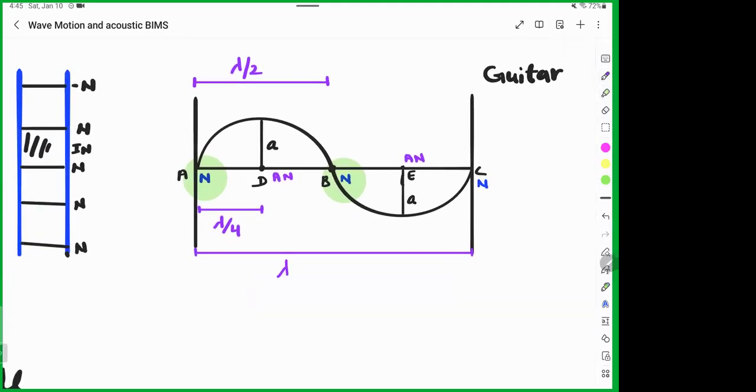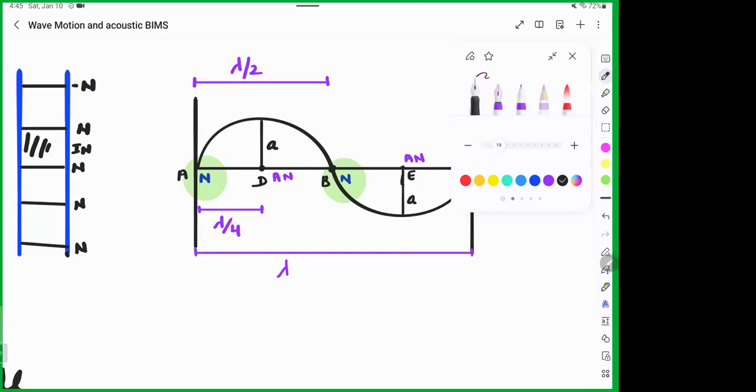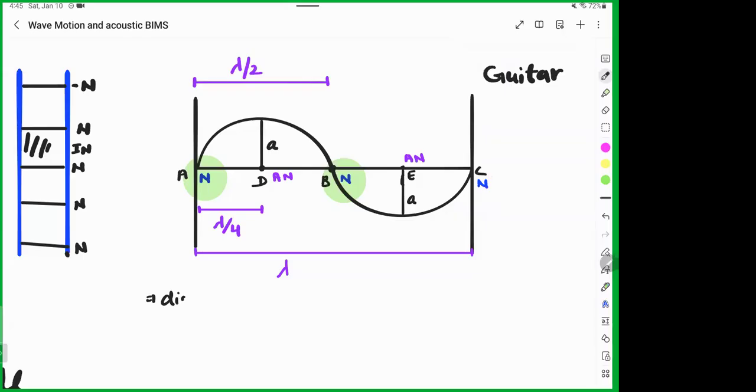Barinder, what will be the distance between two nodes A and B? Both are node. Distance between two consecutive nodes. Barinder, so between two nodes, lambda by 2.